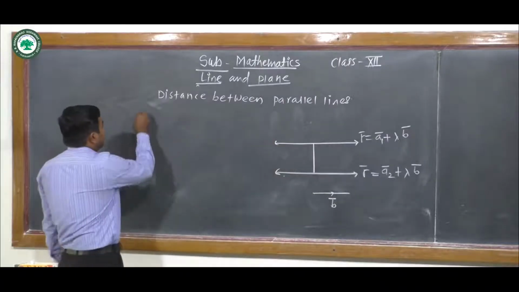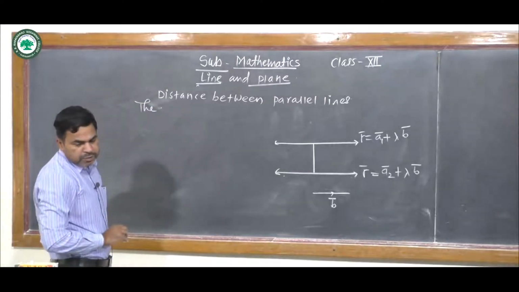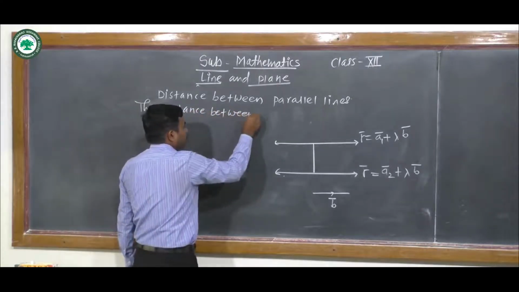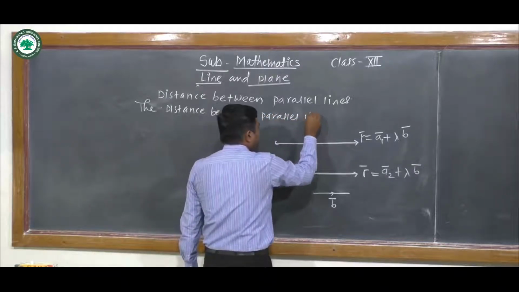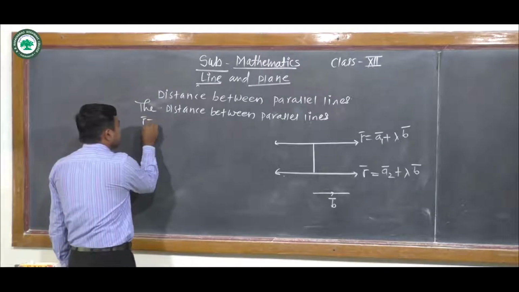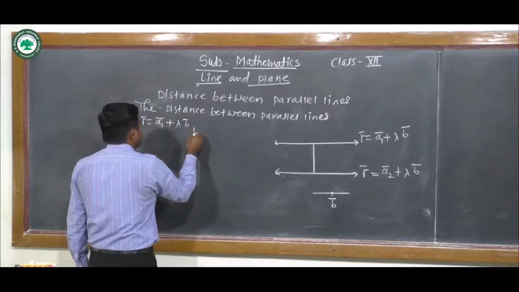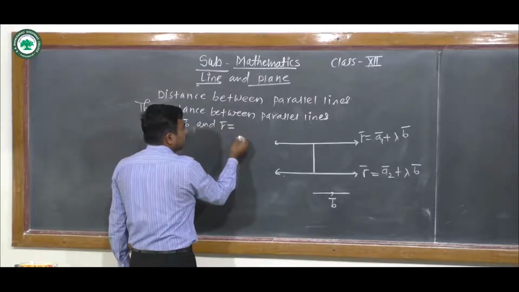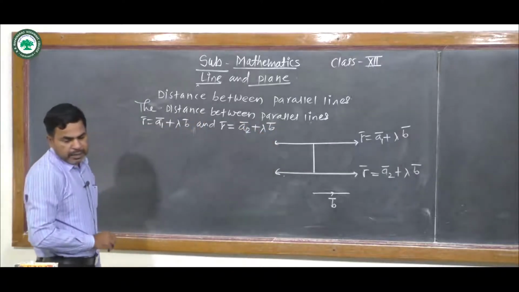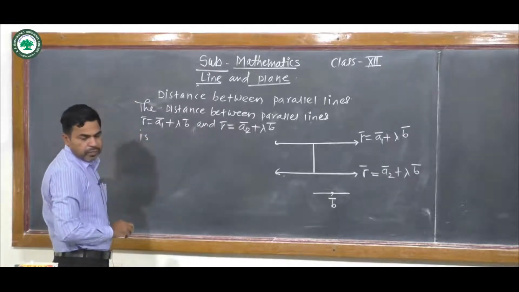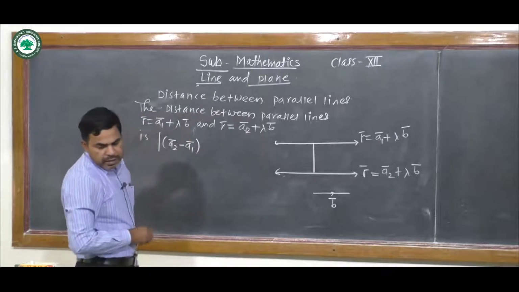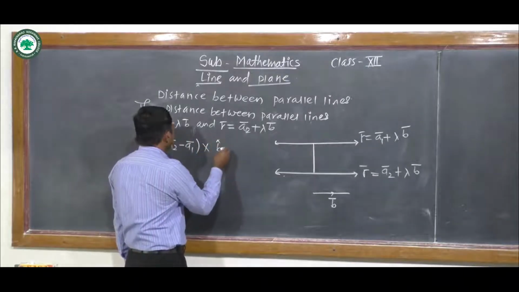So the distance between parallel lines R bar is equal to A1 bar plus lambda into B bar, and R bar is equal to A2 bar plus lambda into B bar is modulus of A2 bar minus A1 bar, its cross product with B cap, modulus.